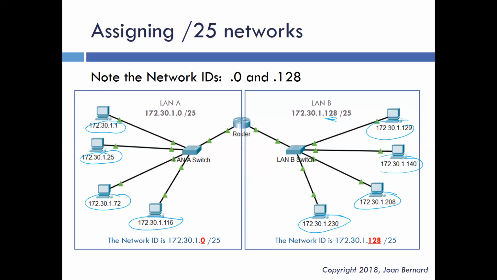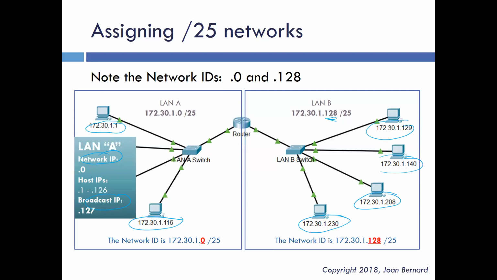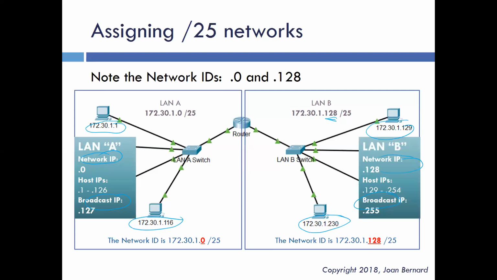So how does the router know which range belongs to which LAN? Great question. The router has two interfaces where a network cable will connect the router to other networking devices, such as switches.